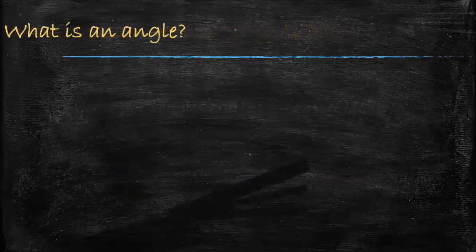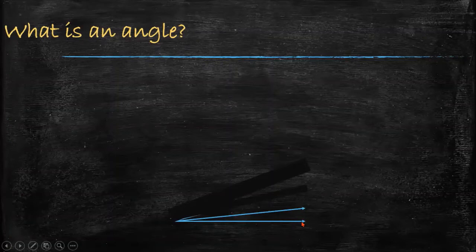Now, first of all, what is an angle? Say you have a ray along the horizontal, and if you rotate this ray about this point, holding it here, it will rotate somewhat like this, isn't it?